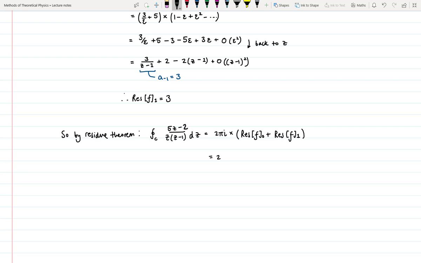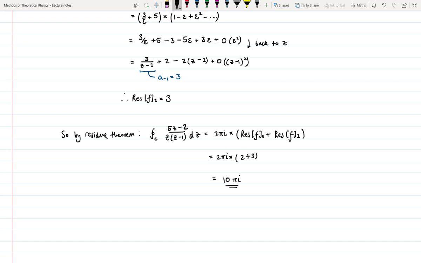Substituting these in, we get 2 pi i times 2 plus 3, which leaves us with the solution 10 pi i. And that really shows the power of this method of integration by residues.